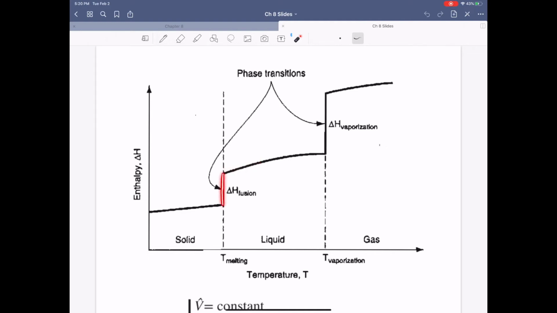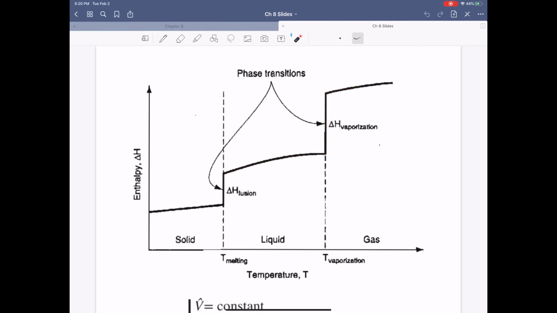The jump that occurs here is known as the enthalpy of fusion. So we're going from the solid to the liquid here, all right? And so this jump here corresponds to the latent heat that's associated with the solid to liquid transition. Similarly, as we go through the liquid phase and we heat it up, we see another jump, right? And then after this other jump, we go to the vapor or the gas phase.